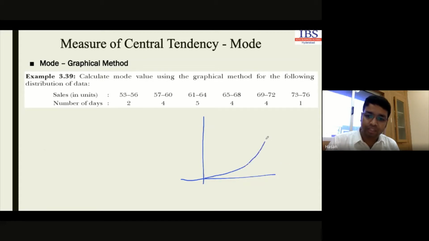We simply plot the cumulative frequency and take the n by 2 level. So we just position n by 2 on the curve and draw the perpendicular, whether horizontal or vertical. Wherever it meets, we can easily identify the position and value of the median.